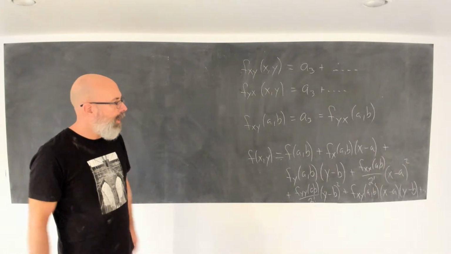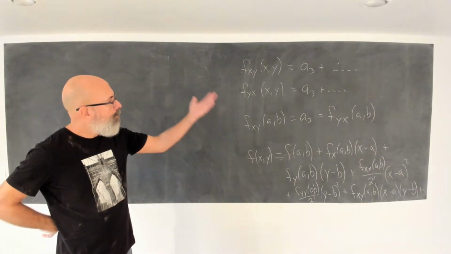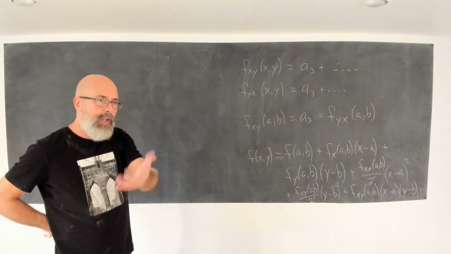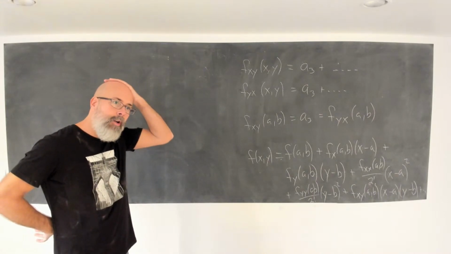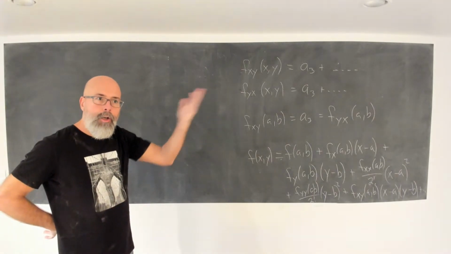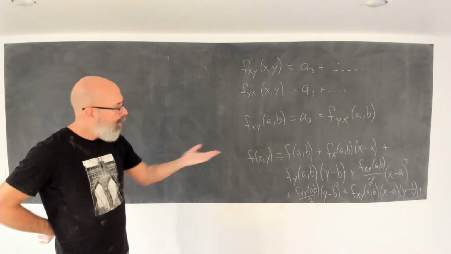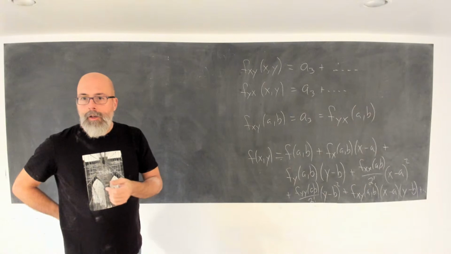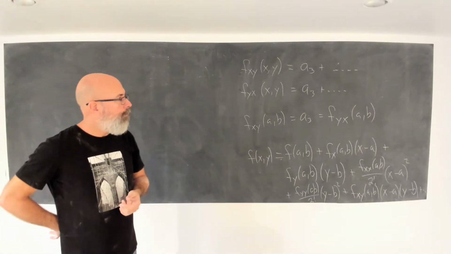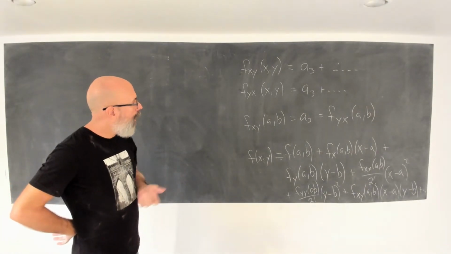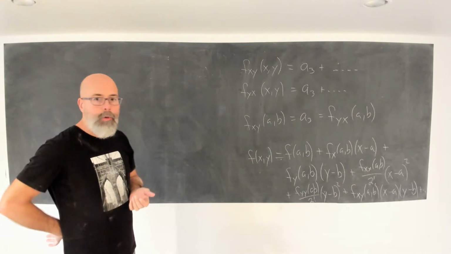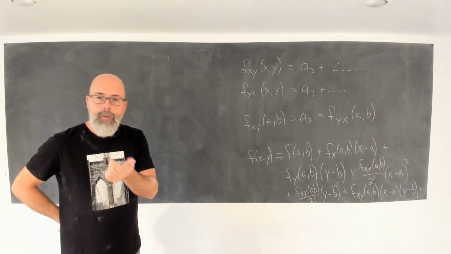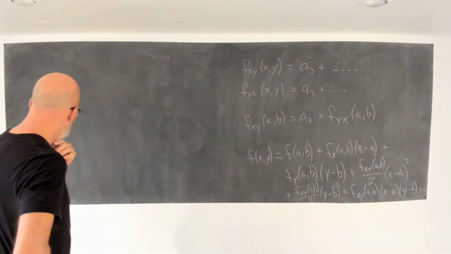In the same way that you have Taylor polynomials in one variable, Tn, approximating your function, the same is true here. B3, I don't know that B3 is equal to A3. Did we even define a B3? What was the B3?